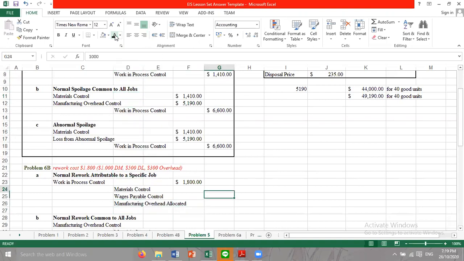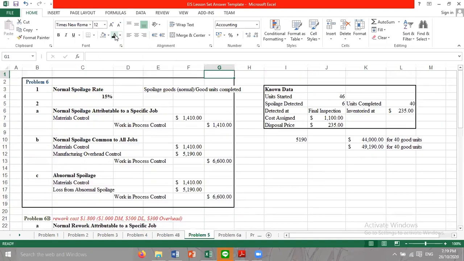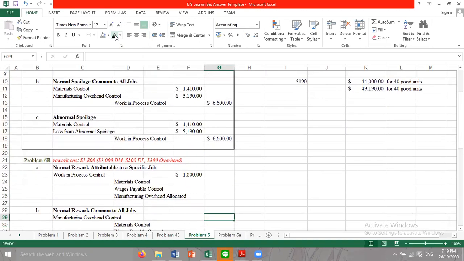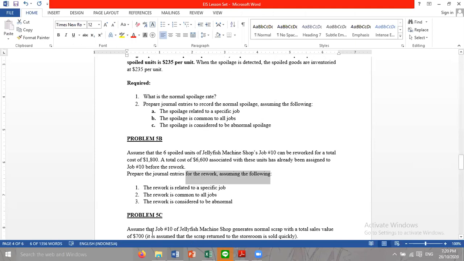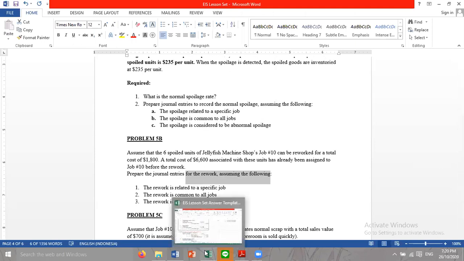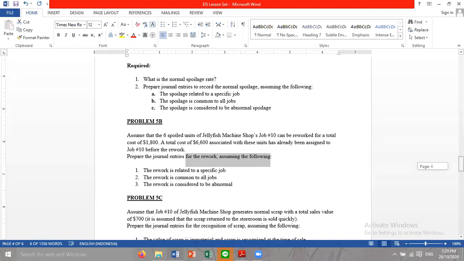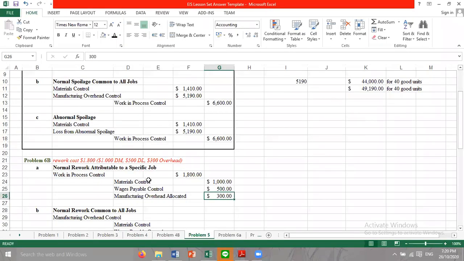Since the question did not state the proportion, we can assume $1,000, $500, and $300. Usually they will actually state the proportion, for example, materials control, $800.